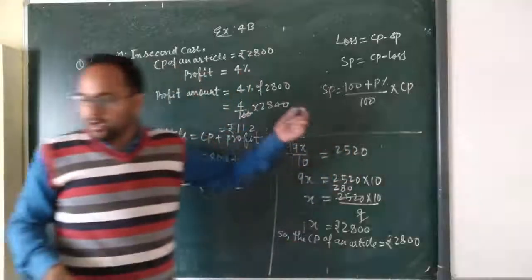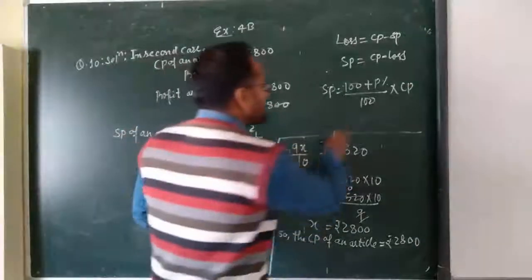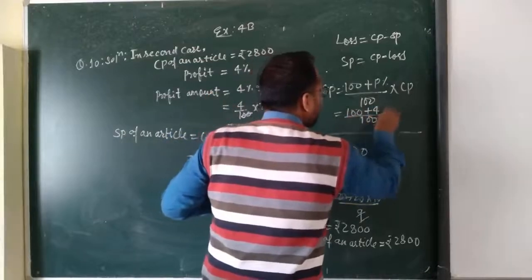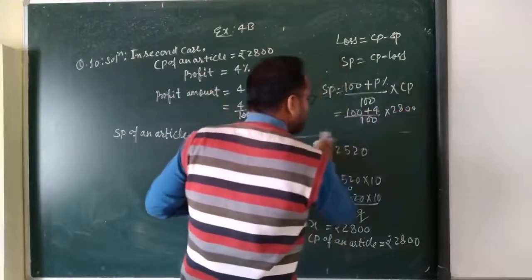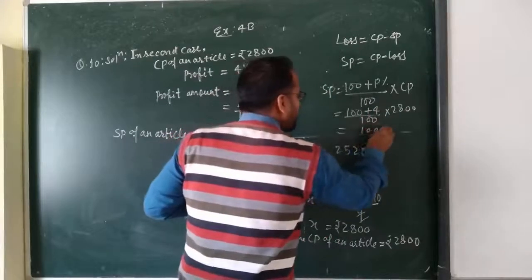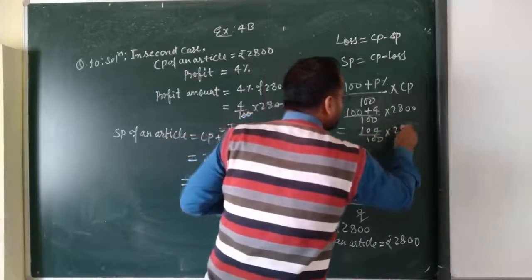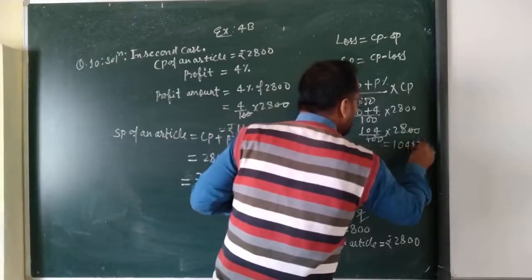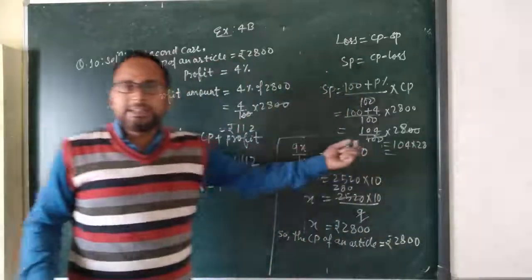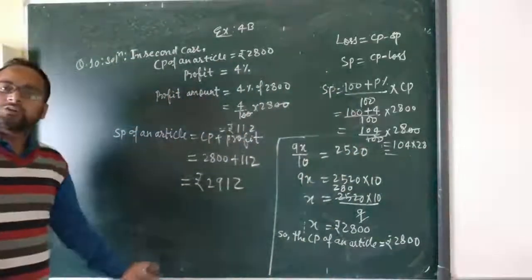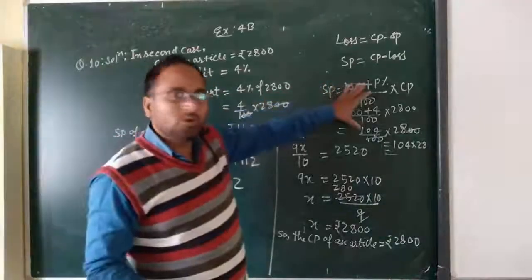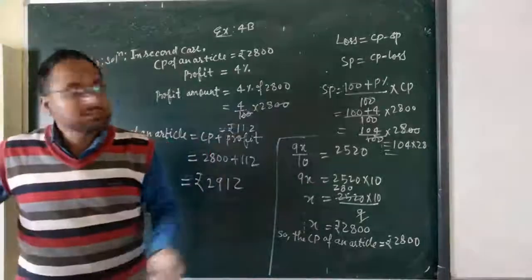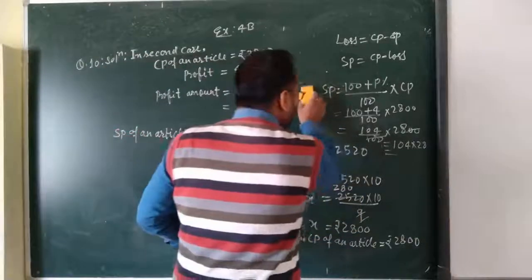If you use this formula, you also get the same result. See this one: 100 plus 4 upon 100 multiplied by 2800. That is 104 upon 100 multiplied by 2800. 100 is cancelled out by the two zeros. If you multiply 104 by 28, you will get 2912, students. By using this direct formula, which I taught in the previous videos, you will also get the same answer, students.